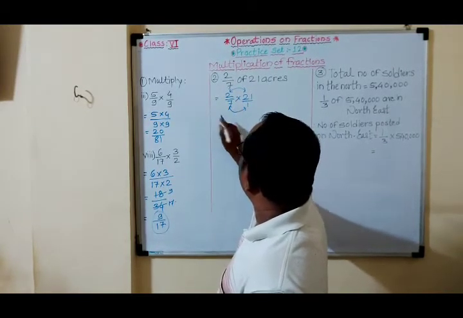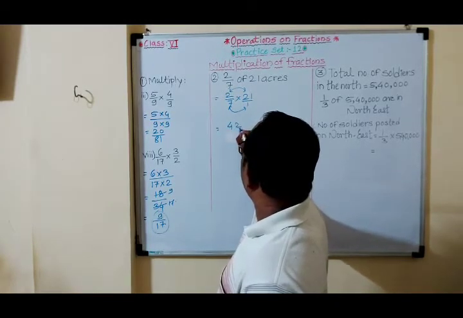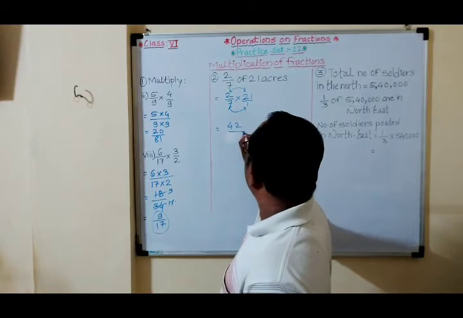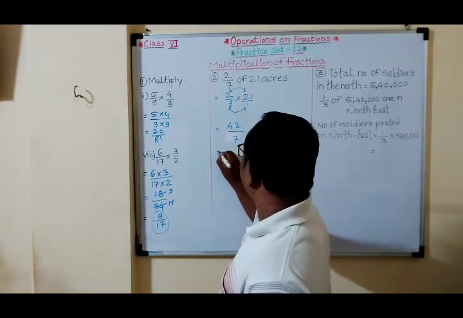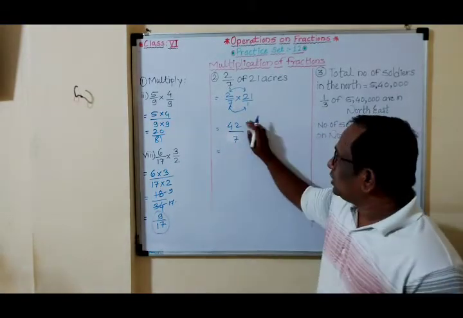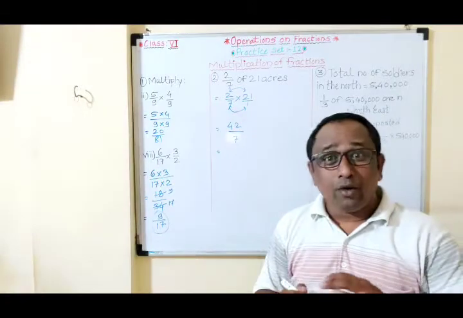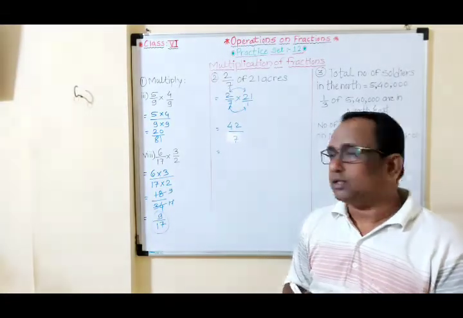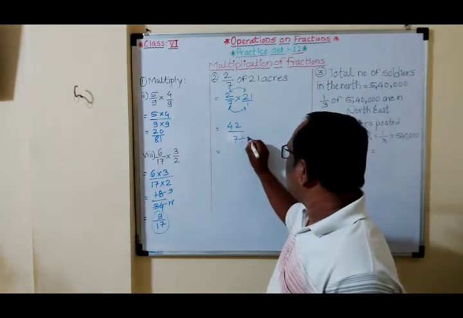Okay, so 21 2s are 42 and 7 1s are 7. Okay, now if you see 42 and 7, can we convert this answer into simplest form? Yes. Okay, so that is divisible by 7.